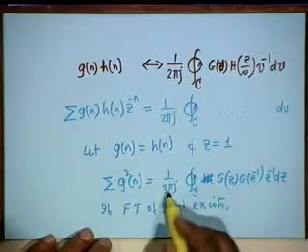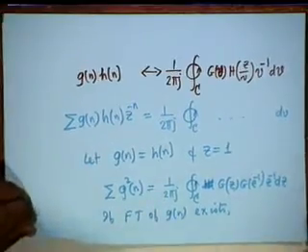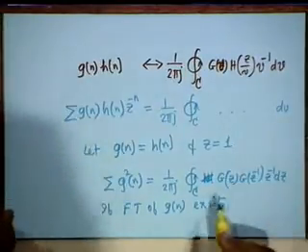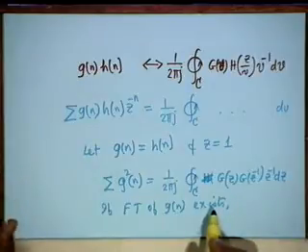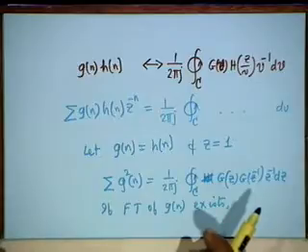And it does not take long to show that the right hand side integral, one more point before I go to the integral. One of the sufficient conditions for the existence of Fourier transform is that g of n is absolutely summable.